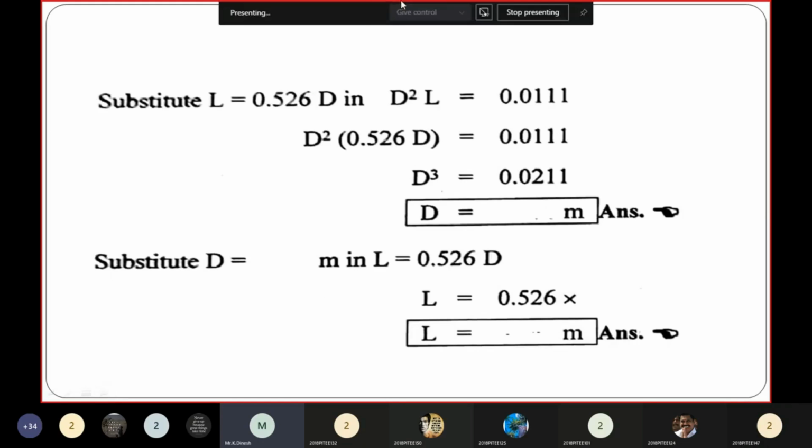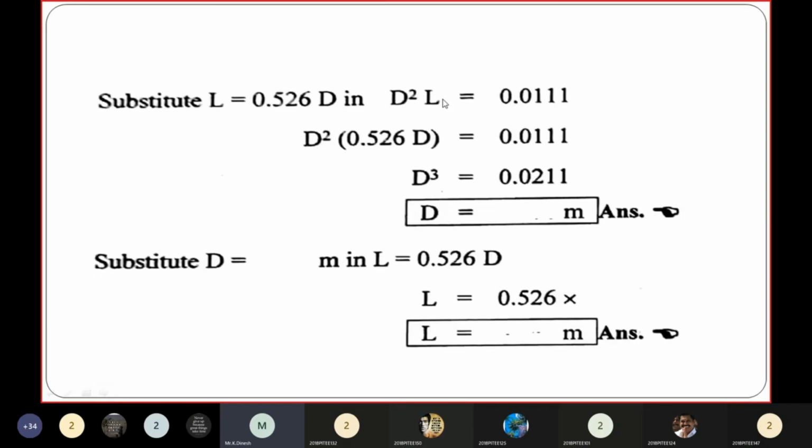So 2 in L equal to 0.526 D. In D square L we know that 0.0111. So D square 0.5262 use பண்ணிக்கோ. D equal to 0.0111.